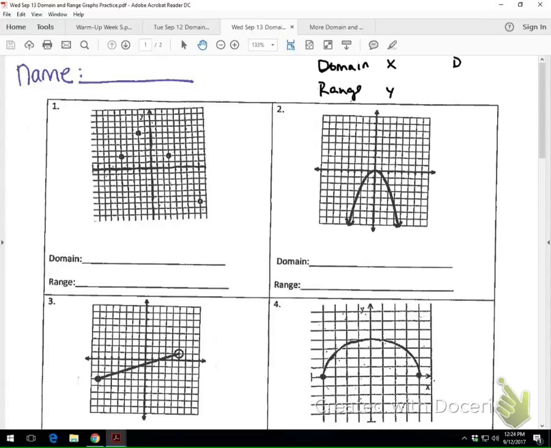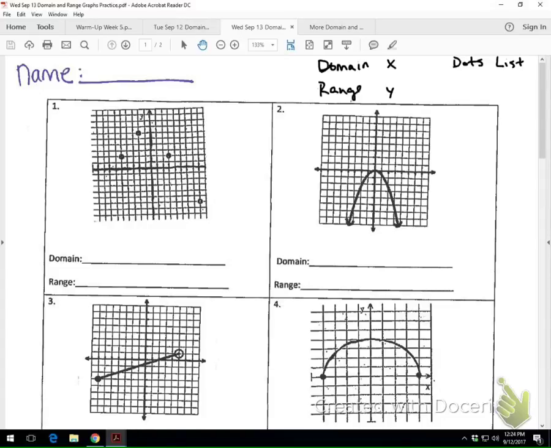When you have dots, you list it, remember? And when it's a graph that you can see left to right, obviously we'll write it a little different. On 1, you should know how to do number 1. That's a list. Now look at number 2. Number 2 looks just like one of our examples in our notes.